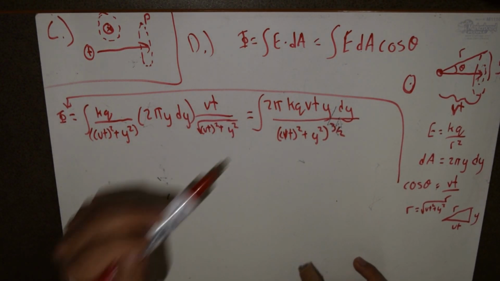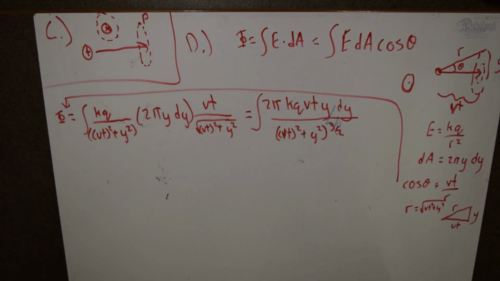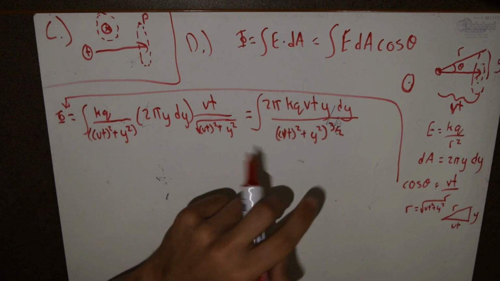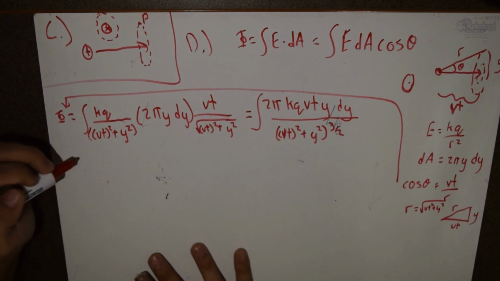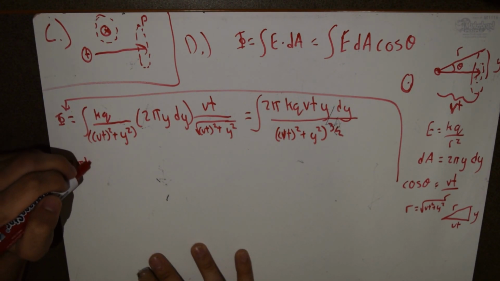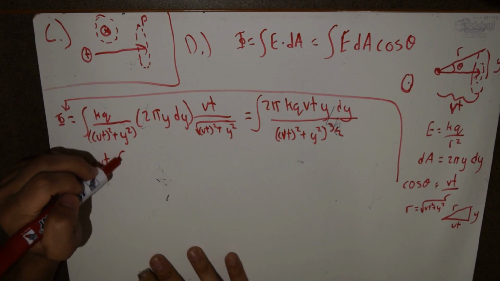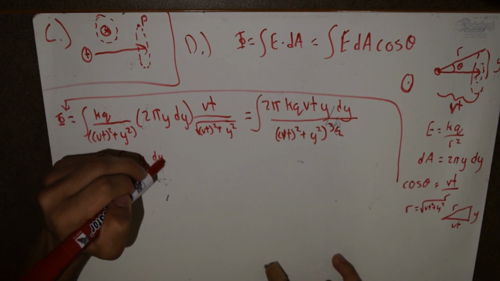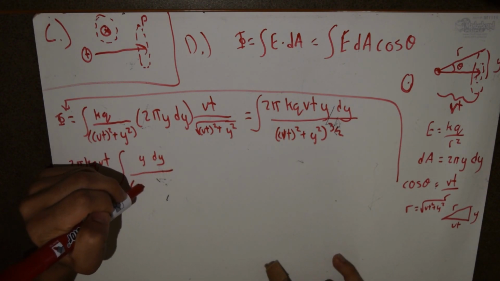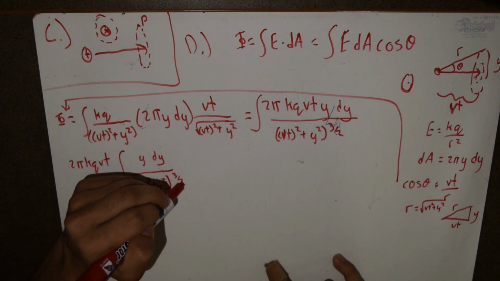And we're taking the integral of that, remember, to find the flux from the definition of the electric flux. Almost everything in the numerator is a constant, so we'll take those out. 2 pi kq vt, and we will leave everything with a y term in it. So in this case, the y dy over vt squared plus y squared to the 3/2.